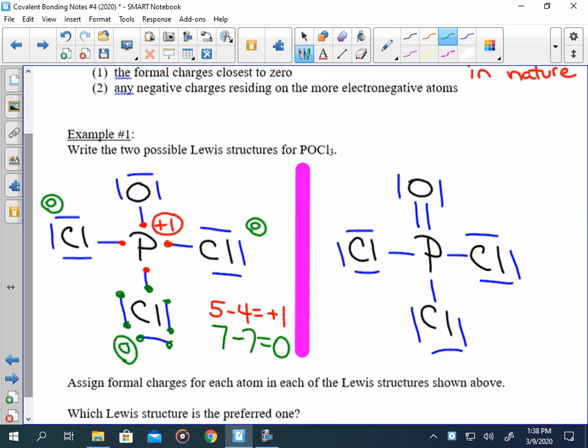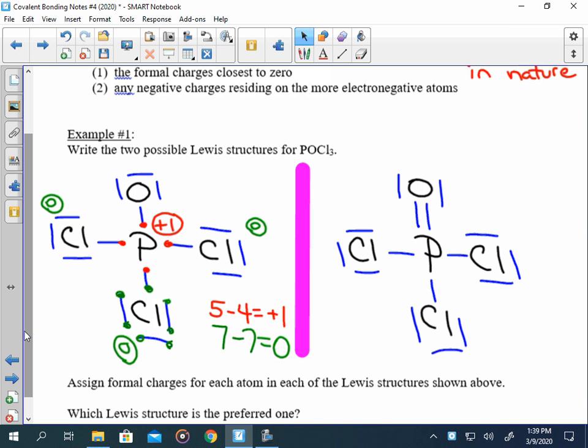As I look at this, I am now thinking one of the big ideas we mentioned in notes 1 is that the sum total of all the formal charges must equal the observed charge on the substance. This is a neutral compound, so I'm counting on this oxygen here up north being -1 to cancel out the +1 formal charge.